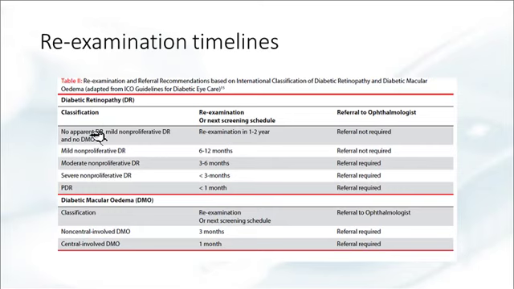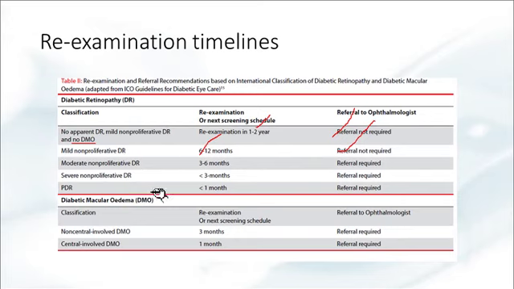So if there is no apparent diabetic retinopathy or mild non-proliferative diabetic retinopathy with no diabetic macular edema, then what you can do is re-examine every 1 to 2 years and there's no referral required. If, however, there is mild non-proliferative diabetic retinopathy, you should screen every 6 to 12 months, but referral is still not required.